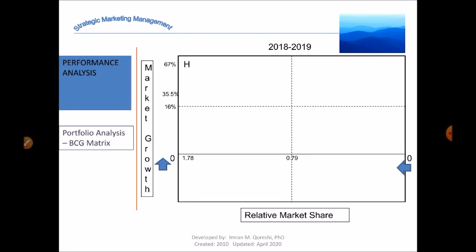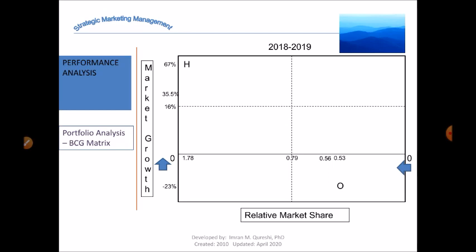Then we are looking at Vivo here. Vivo has a 35.5% market growth, and they have a relative market share of 0.53. Now we have Oppo coming here.